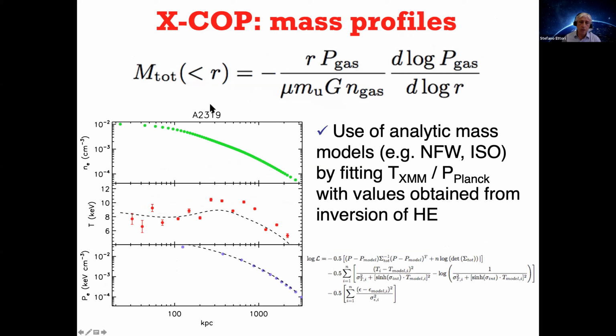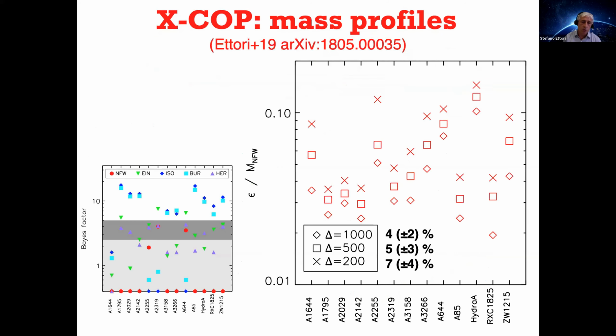Basically, what we do is we use the density profile, we use different mass models, for instance, a Navarro-Frenk-White or an isothermal mass model, and then we invert the hydrostatic equilibrium equation, and we infer the temperature and the density or the pressure for this system. And then we apply a likelihood that combines all this information to constrain the parameters that describe the underlying mass models.